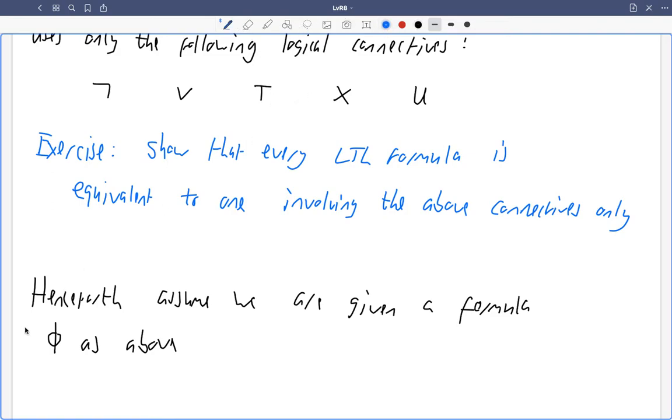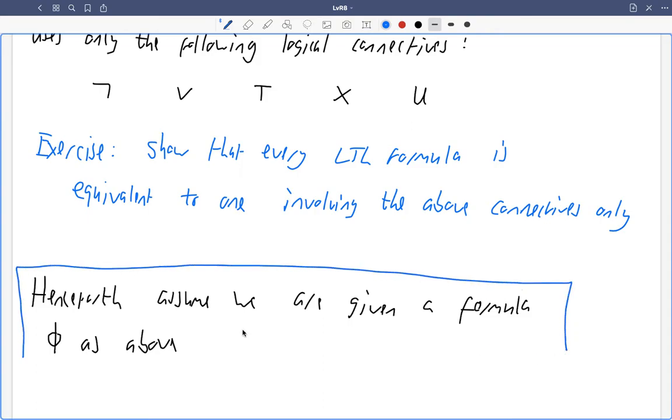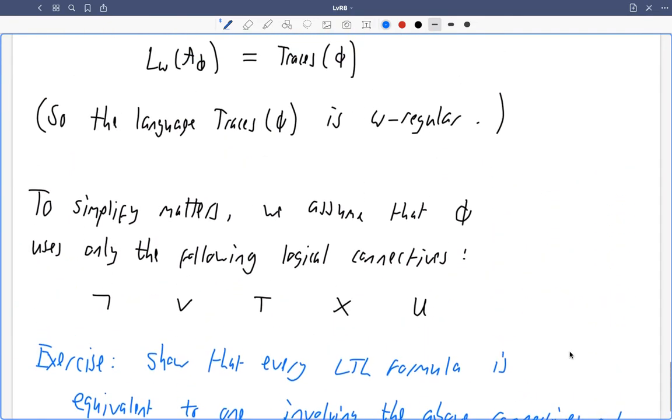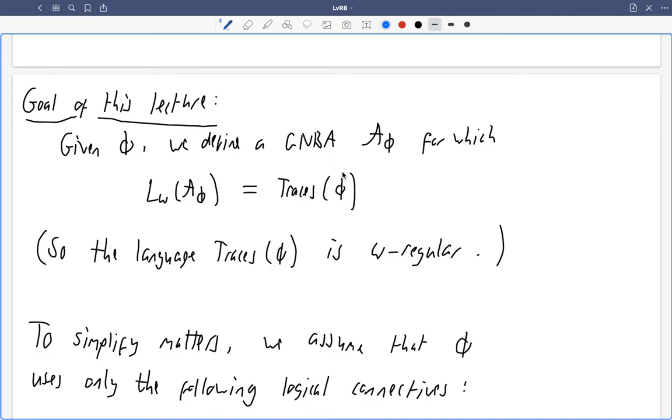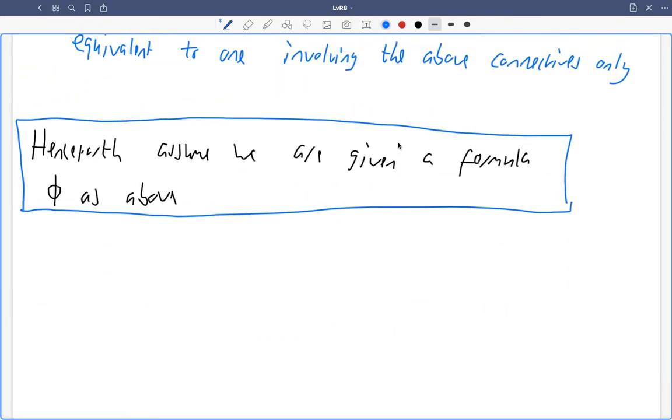Of course it might have some propositional atoms in, otherwise it would probably not be very interesting. And what we're going to do is construct the generalized non-deterministic Buchi automaton A phi. So that's our goal: to construct A phi.